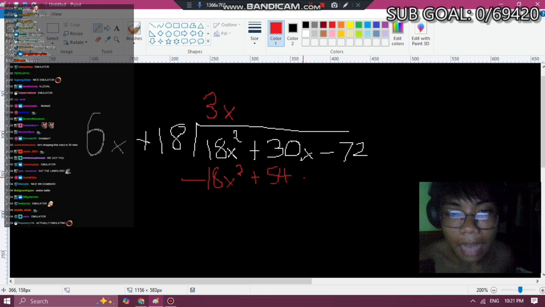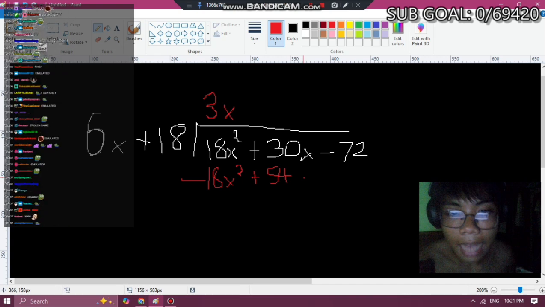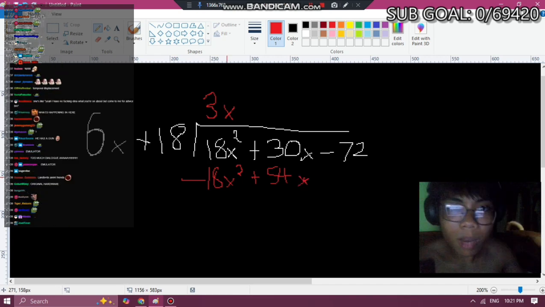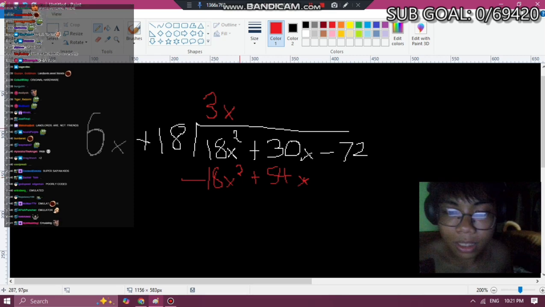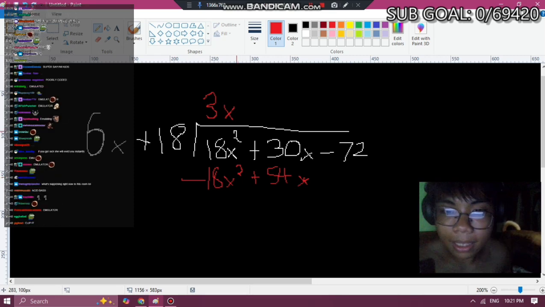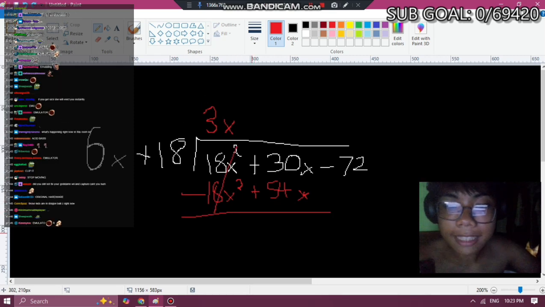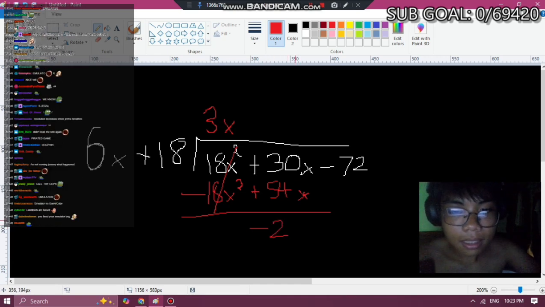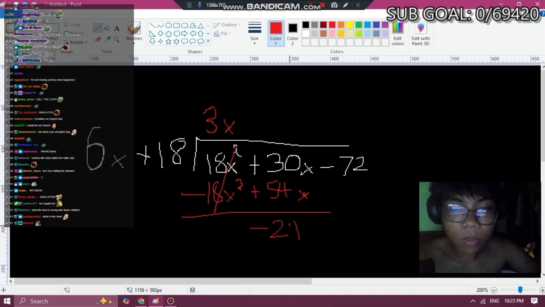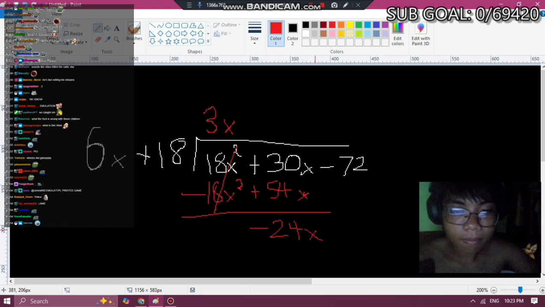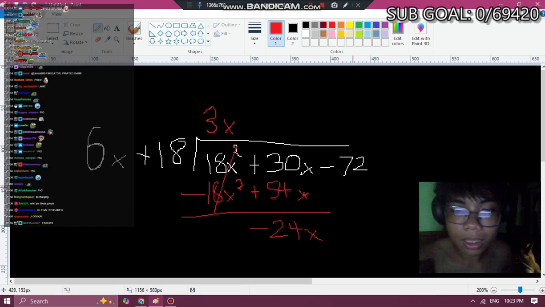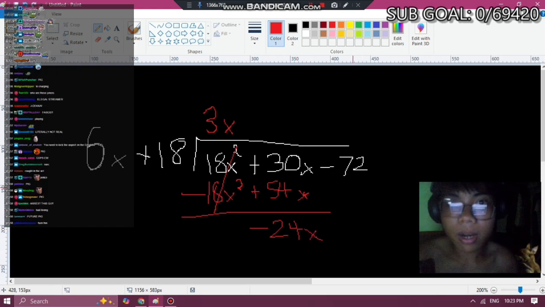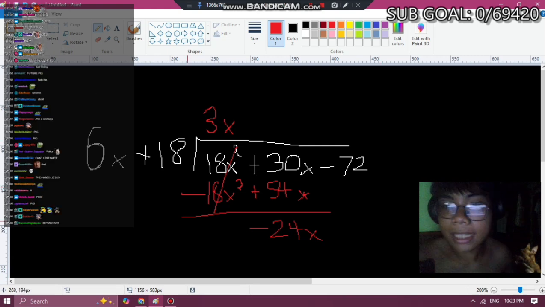So now, since these two terms are the same, if we do 18x squared minus 18x squared, that's 0. So since these two are the same, that's going to cancel out into 0. 30x minus 54x is going to be negative 24x. And that's going to be the next step to our equation.